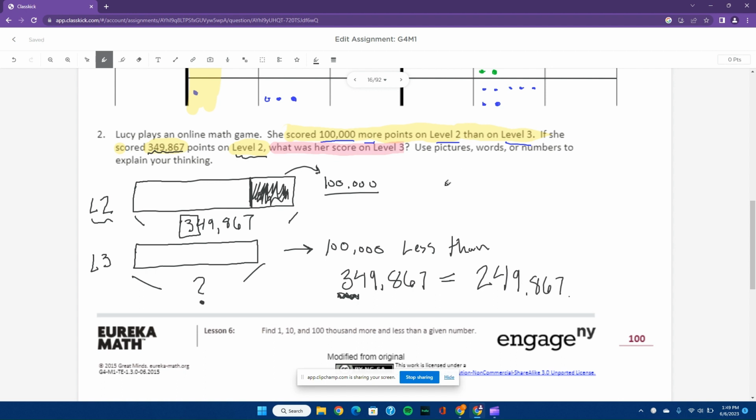So to put that in a sentence, we could say Lucy scored 249,867 points on level 3.